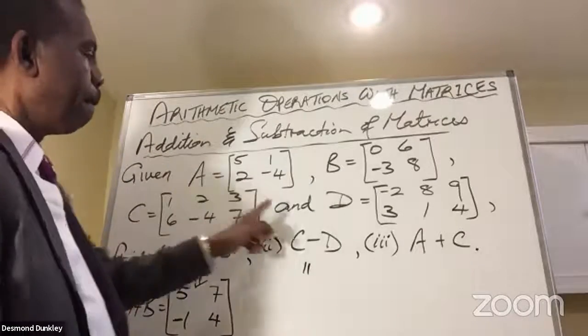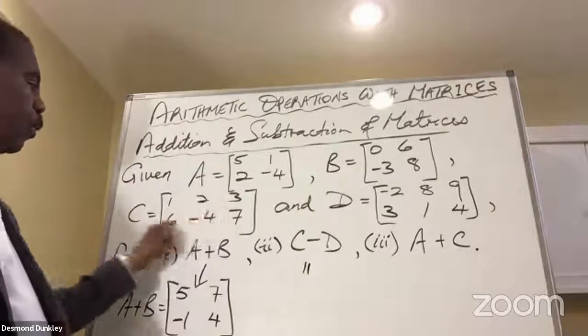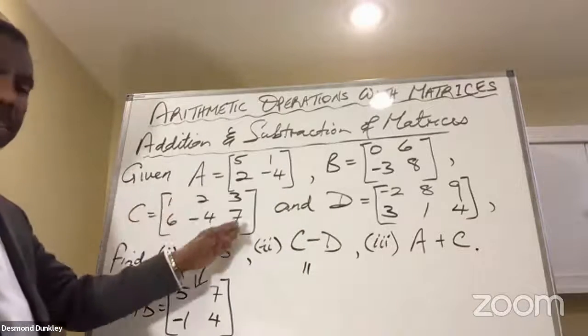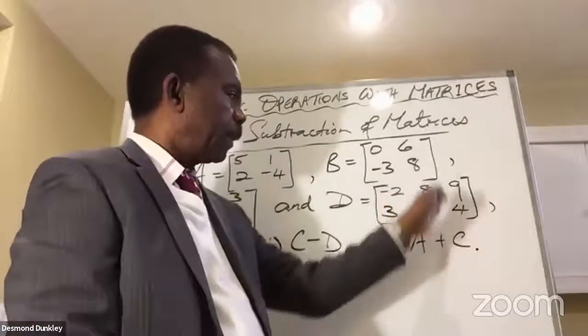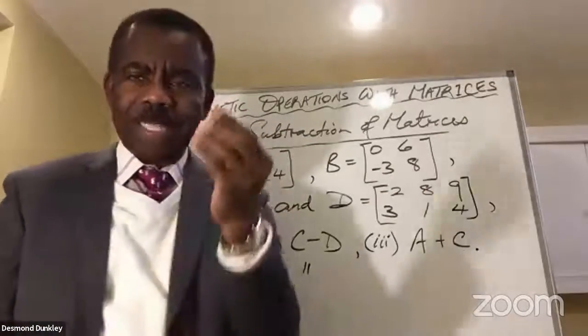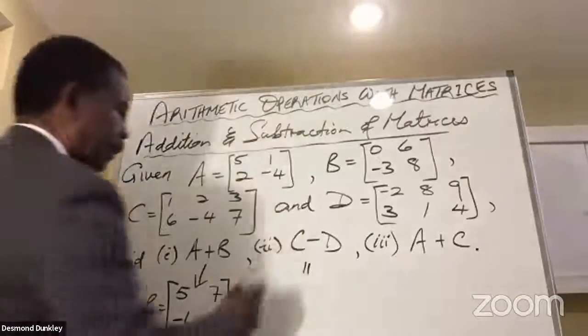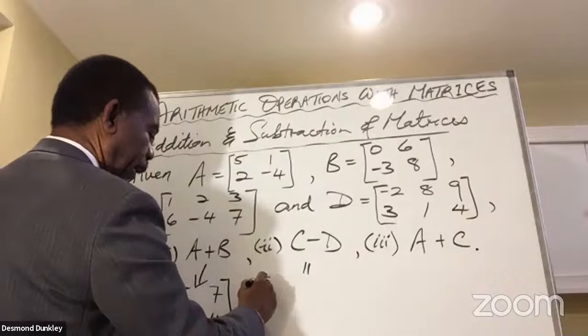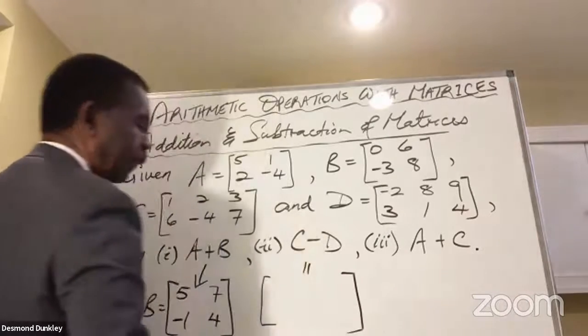So let's go for this one. C minus D. So this is 2 rows, 3 columns. 2 rows, 3 columns. So they are the same size. So yes, we can do the subtraction. So C minus D will give me a 2 by 3.